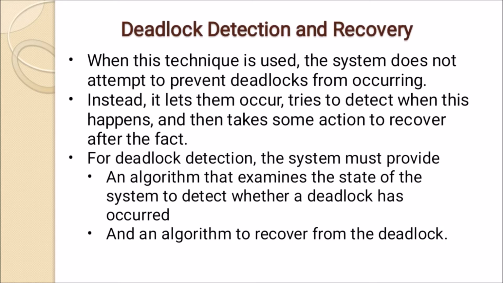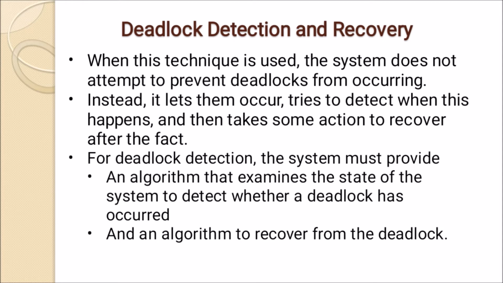So basically, when this technique is used, the system does not attempt to prevent deadlock from occurring, which means the operating system does not try to prevent deadlock from occurring. But what will it do?